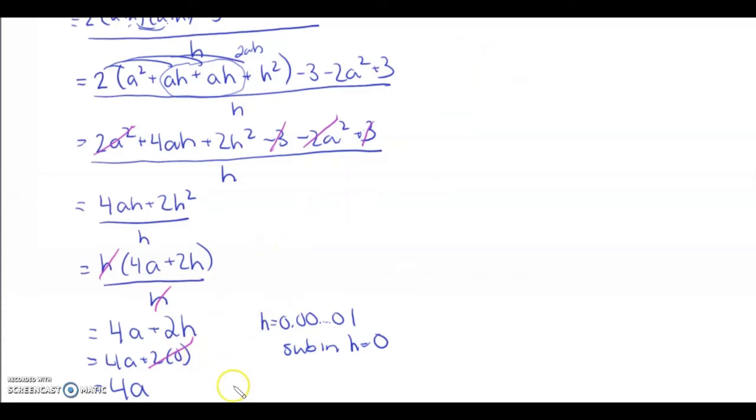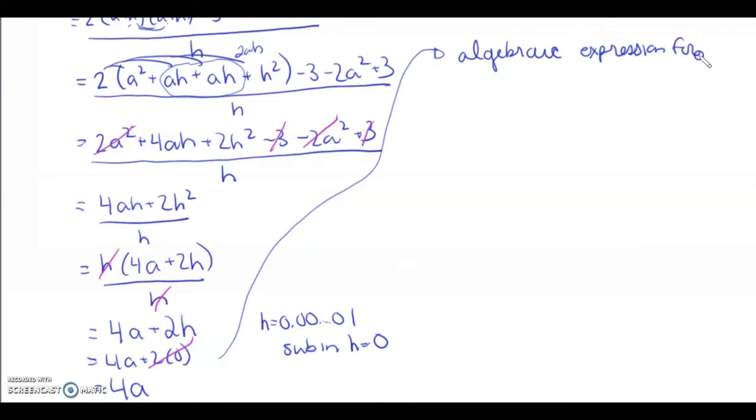Okay, so bringing this up here, the algebraic expression for the instantaneous rate of change is 4a.